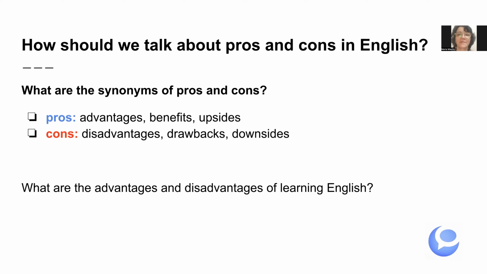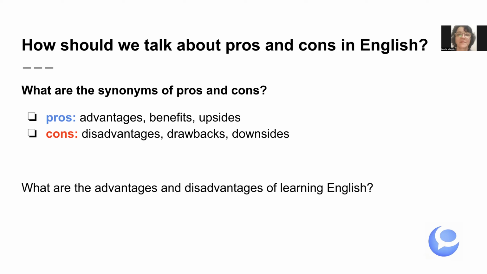You can use phrases for contrast, things like however, whereas, in spite of this, alternatively, on the flip side, on the other side of the coin. Please do not use on the other hand.